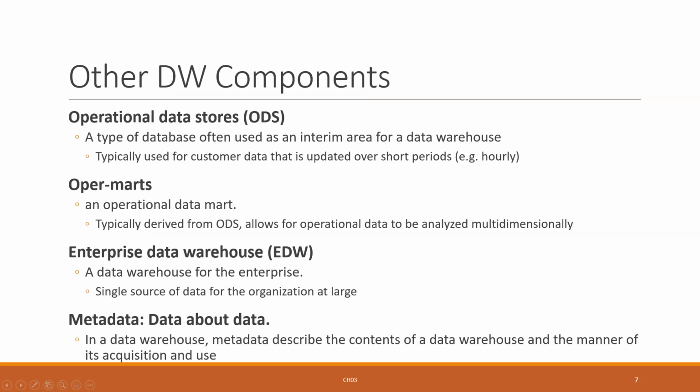There are other components for data warehouses, and I just want to mention these. These are not going to be in any kind of large discussion for our class, but we have operational data stores, which is basically that interim area for data warehouses, and this is sometimes necessary in order to get data from the source into the data warehouse.